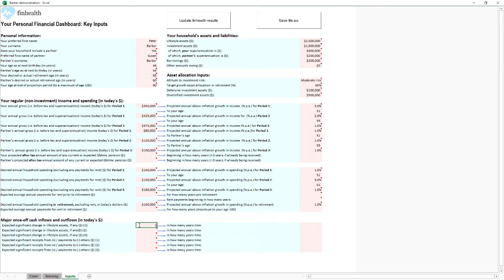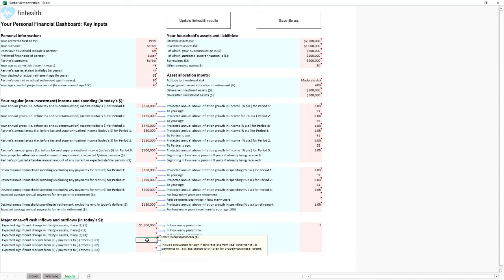Firstly, $1.5 million in 3 years' time for a proposed upgrade to a new home worth about $4 million.